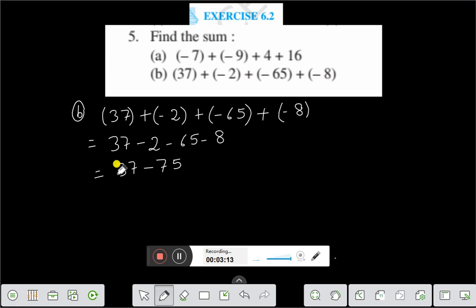Now here one is plus, one is minus, therefore you have to subtract the smaller number from the greater number: 75 minus 37. 7, 8, 15, carry 1, 3 and 4 is 7, 3 plus 4 is 7, so the number is 38. Now you see which one is greater, 37 or 75. 75 is greater, therefore the answer will be minus. This is the answer of question number B.